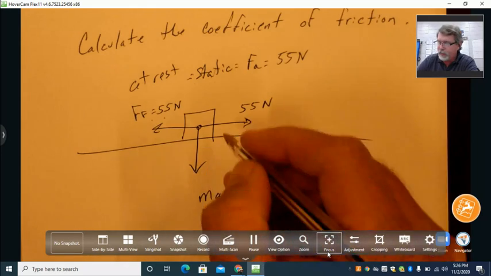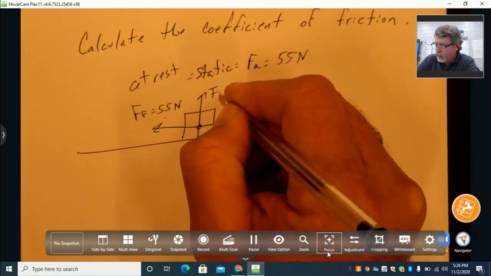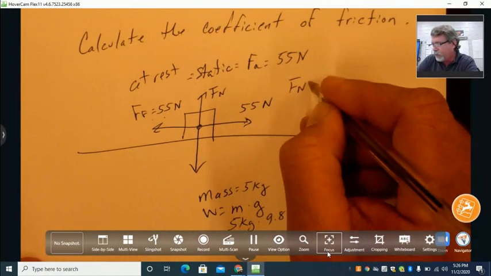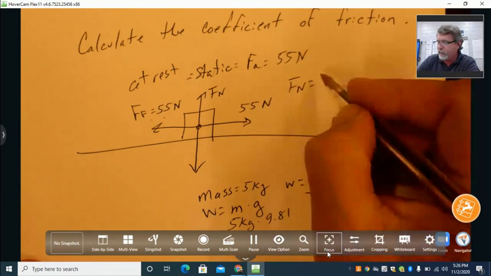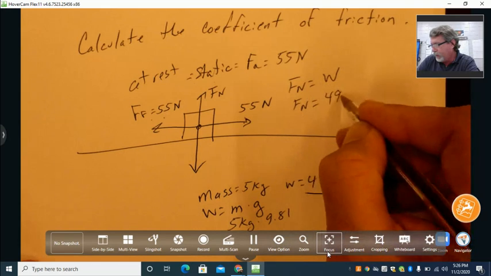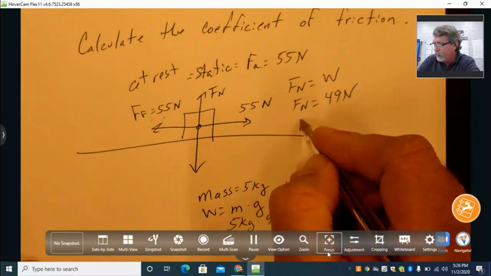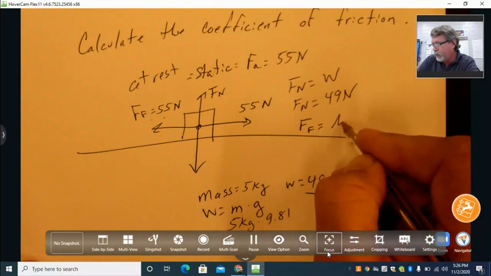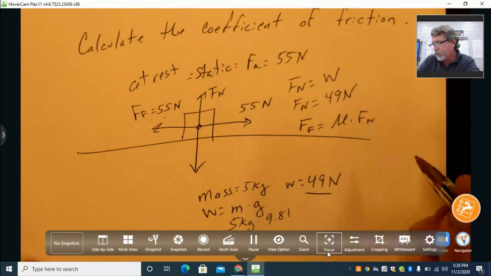So there's one vector we're missing, and that is our force normal. So we've already decided that force normal on a flat horizontal surface is equal to the weight. So force normal is equal to 49 newtons. And then we know from our formula that force of friction is mu times force normal.